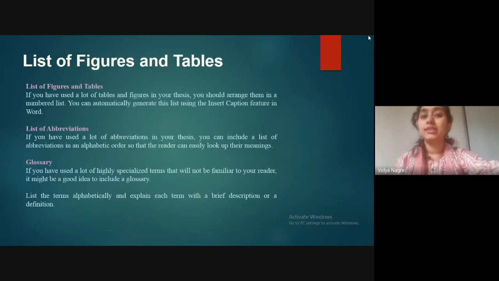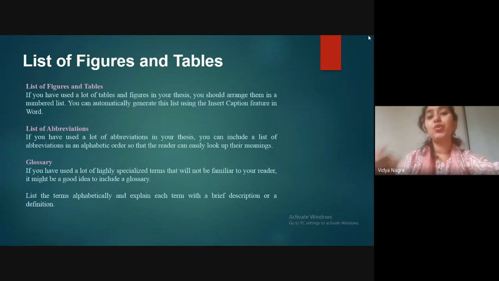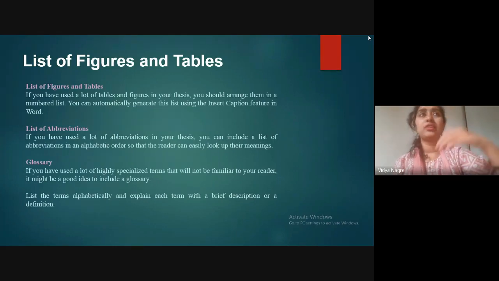In certain studies, let's say in sciences, you may use some figures or tables or abbreviations, some scientific terminologies, which may not be understood easily. For example, if I have said United Kingdom at the beginning, and then I will be saying UK everywhere in my thesis, then a person who has reached page number 50 of my thesis may not remember what this UK meant.